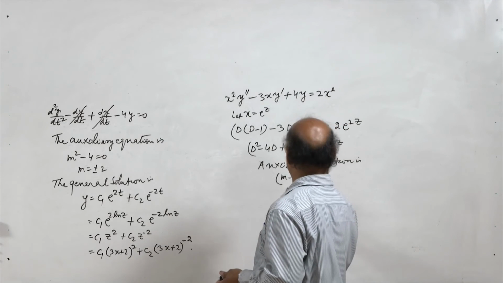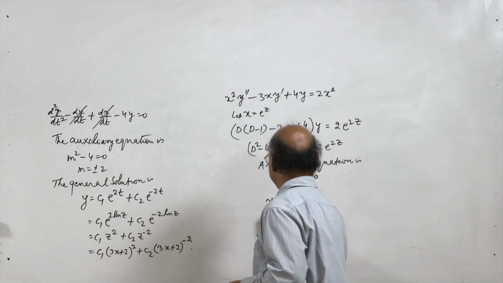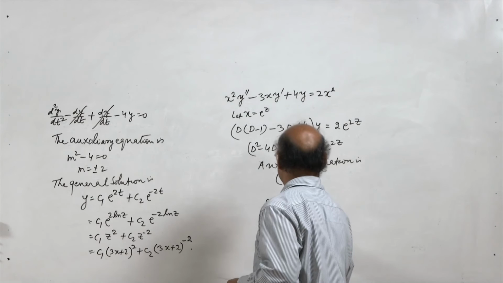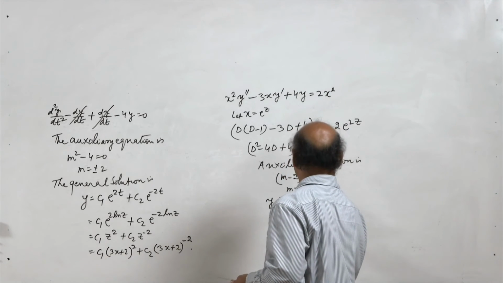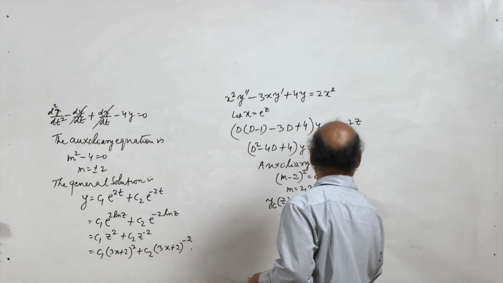So, m equal to 2, 2. So, we get the case of repeated roots. So, y_c(z), because the independent variable is z, will be equal to (c1 + c2 z) e to the power 2z.